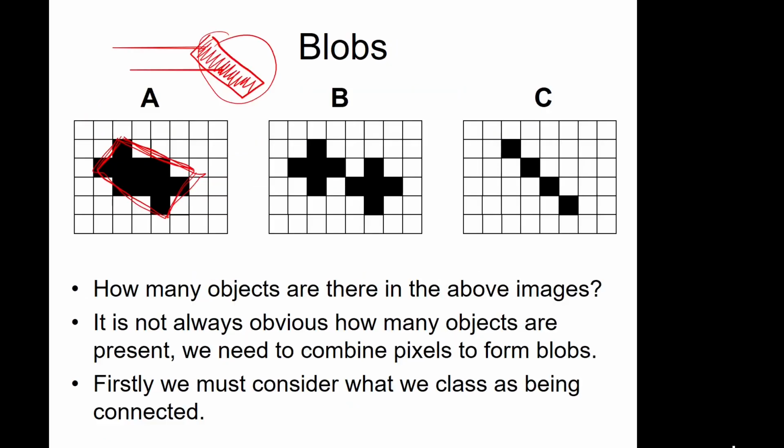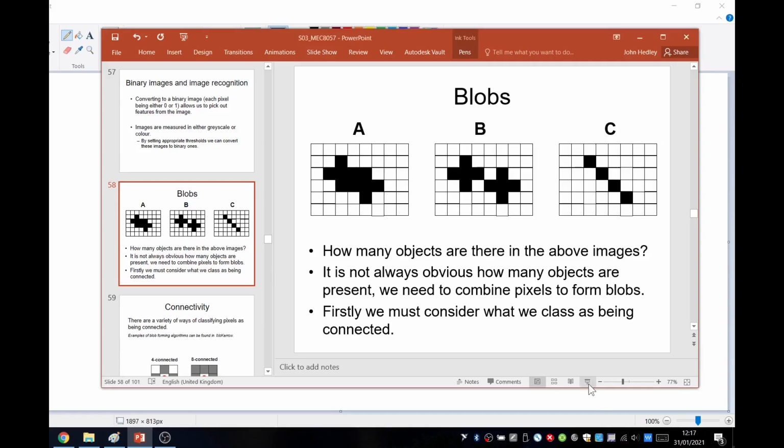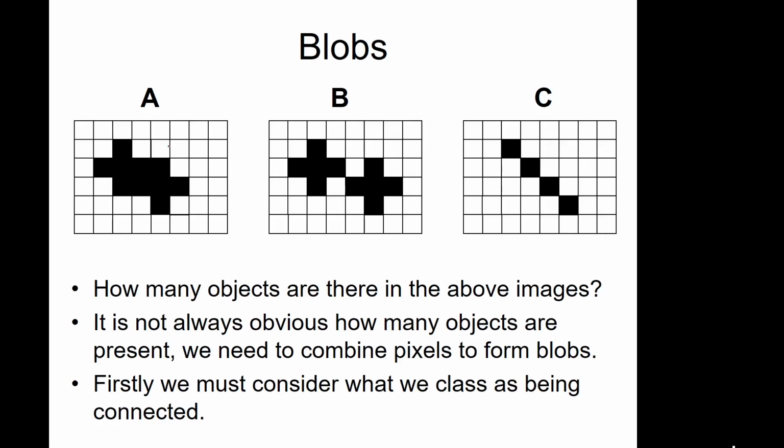So again, if we go back to this example, we've got an area of 1, 2, 3, 4, 5, 6, 7, 8, 9, 10. So we've got an area of 10. And then we could add up all the x positions.